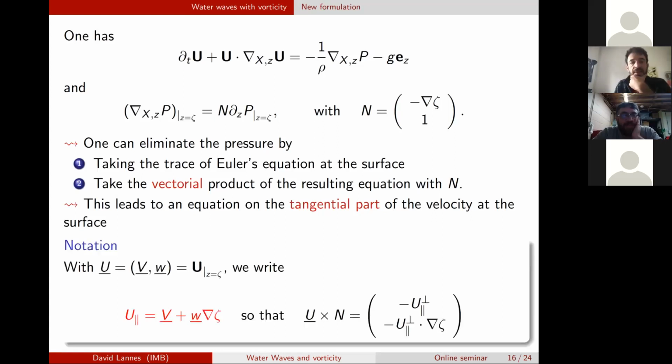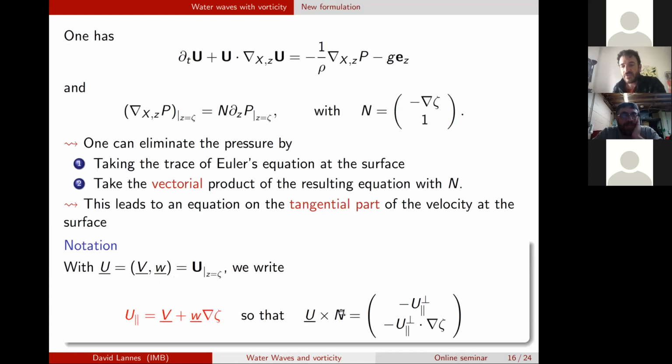Okay, and so if I use this notation with a bar, the trace of the velocity field at the surface, and v is the horizontal component and w the vertical component, I will define this u tangent or u parallel here as the horizontal components of the velocity field plus w grad zeta.